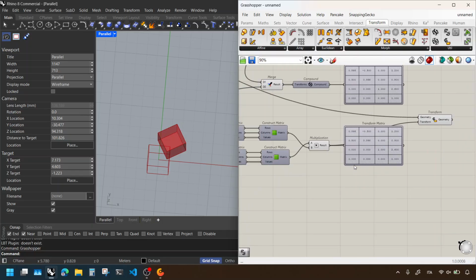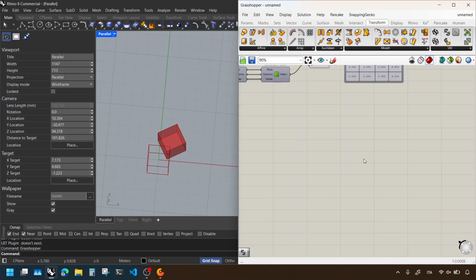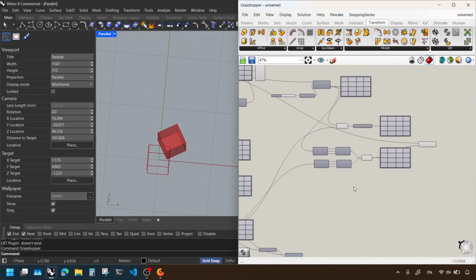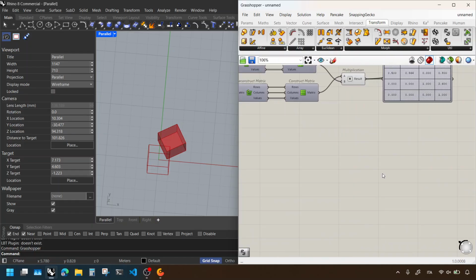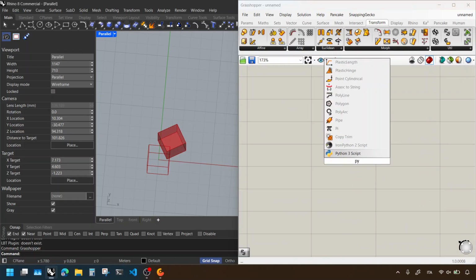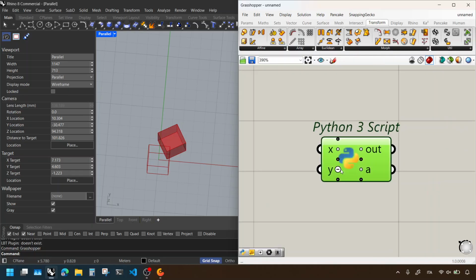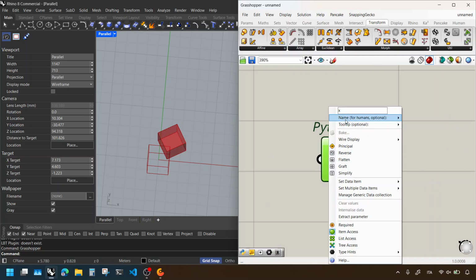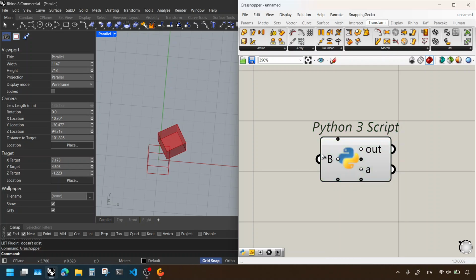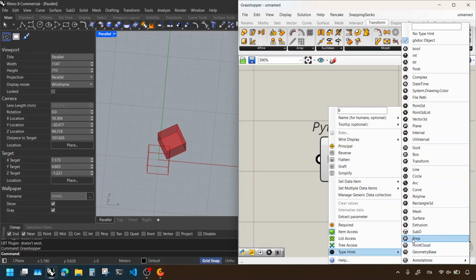Okay, so we saw everything now in Grasshopper. So let's now, before we wrap up, see how these transformations work in Python, which is quite simple. Let's create a new Python script. The only thing we need is the input box, so we can move it around. So let's take B, maybe call it the brep, and then right click and define a type, which is brep here.